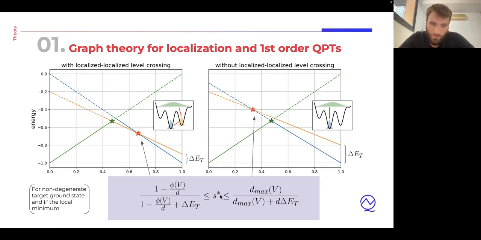That's what we call s star, which in the plots is always this red star. We have a lower bound on this s star that depends on the conductance, so we also call it the conductance bound. And we have an upper bound that depends on the degree, so we call it the degree bound.